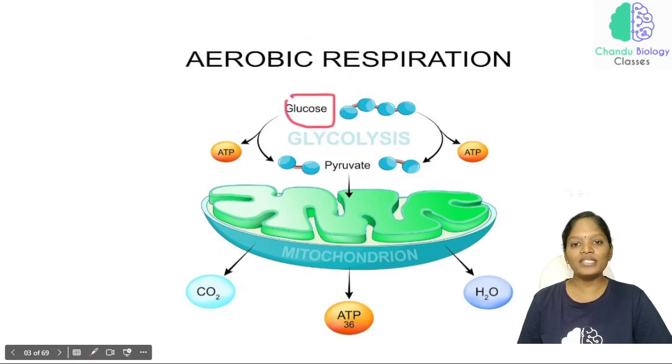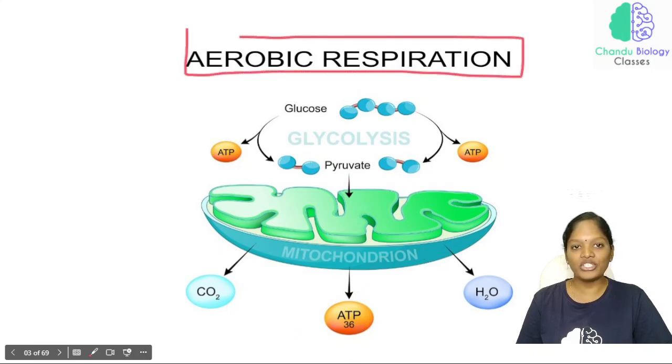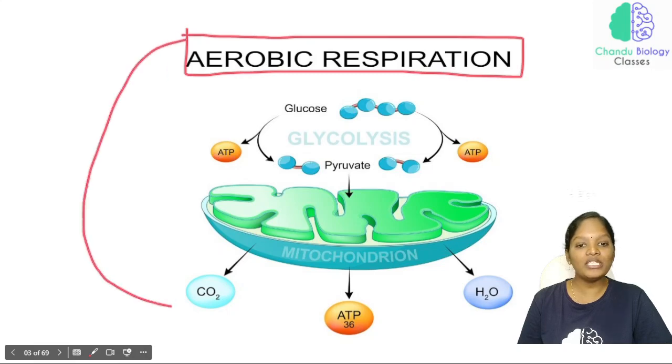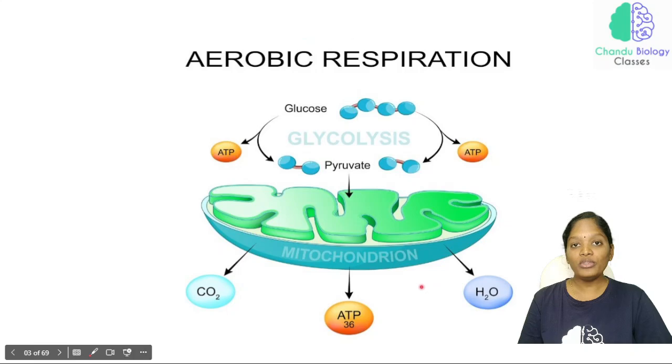See, the glucose is converted into pyruvate, and the pyruvate enters the mitochondria. There they produce 36 molecules of ATP. Just keep in mind, in aerobic respiration, how many ATP are produced? 36 ATP are produced. How these 36 ATP molecules are produced will be clearly discussed in the cycle.